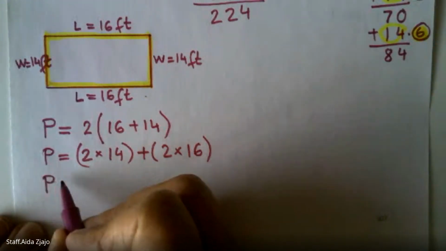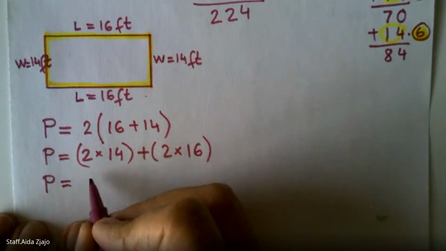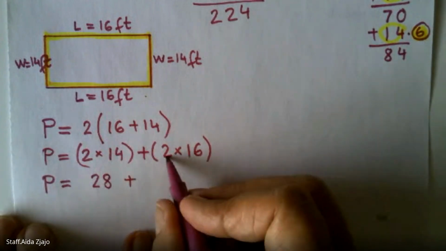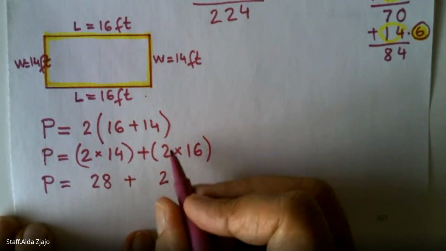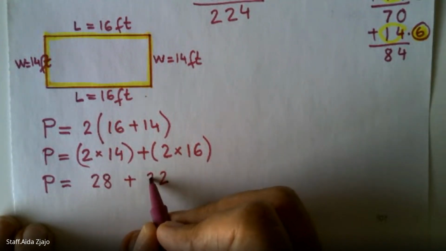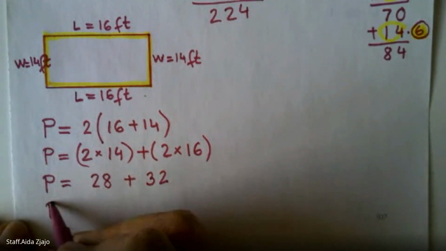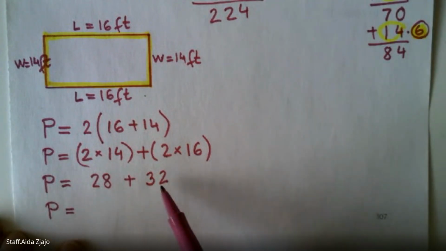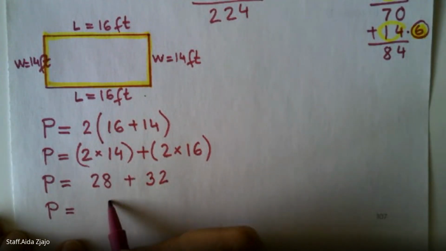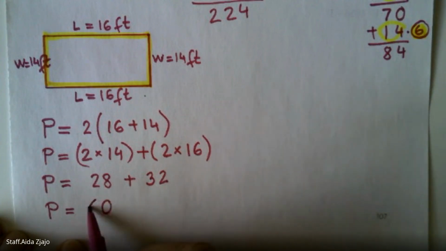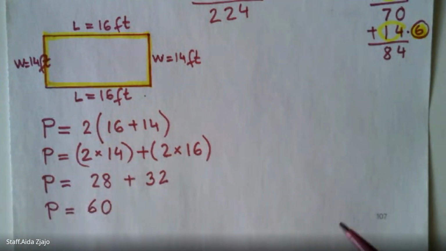So perimeter is 2 times 14, which is 28. And 2 times 16: 2 times 6 is 12, remember the 10. 2 times 10 is 20, plus 10 is 30. And then perimeter is 28 plus 30. If you think 2 and 8 makes 10, that's a 0. And then 2 plus 3 is 5 tens, plus 1 more ten is 6 tens.